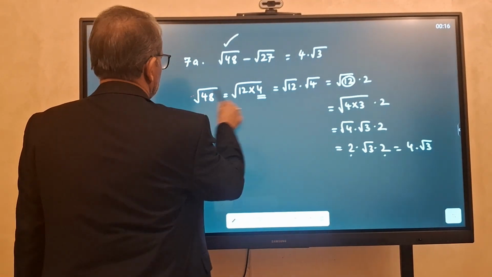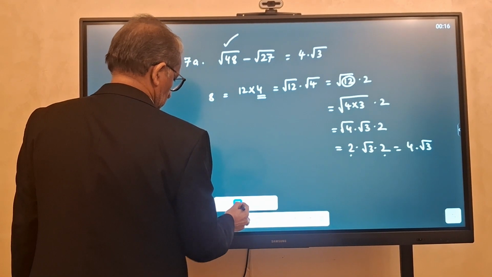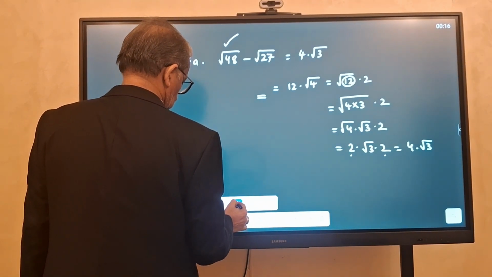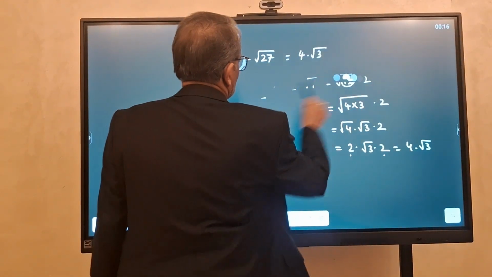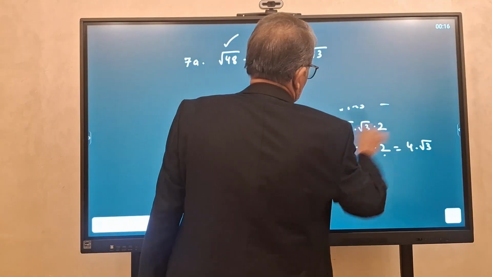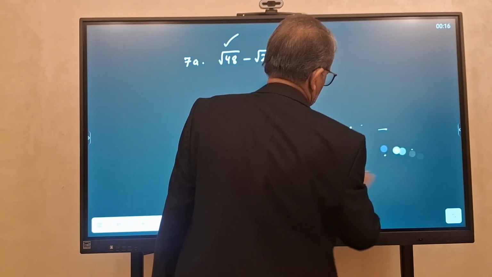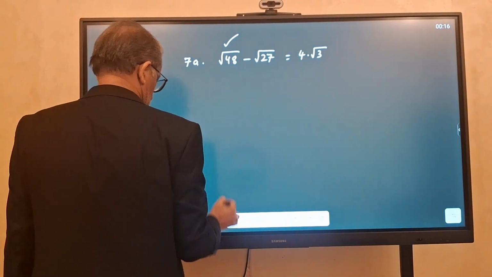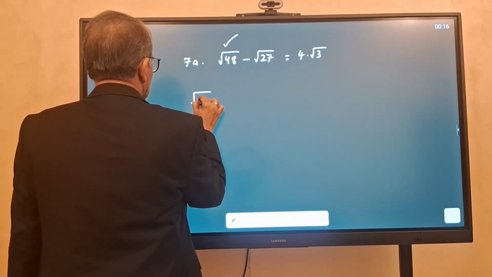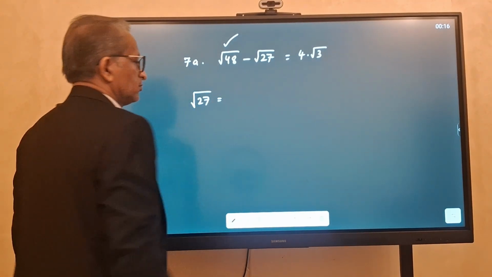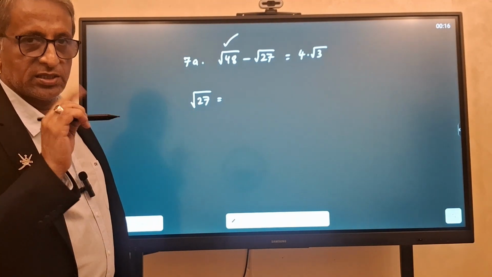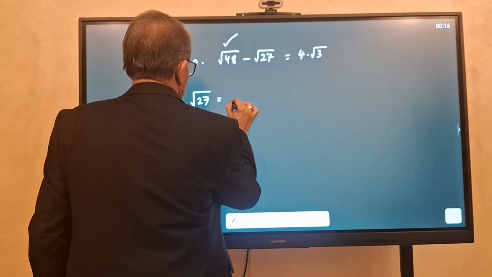Next, I will take the second number. What is the second number? Root 27. Write the factors of 27 such that one is a perfect square, two numbers.